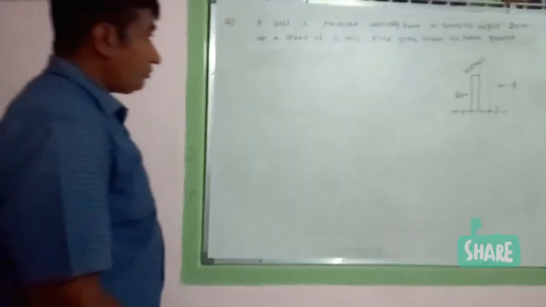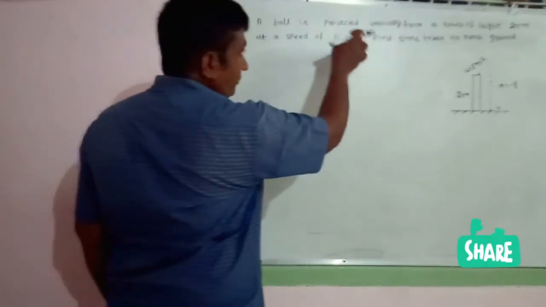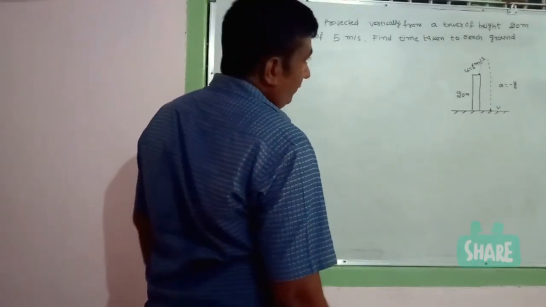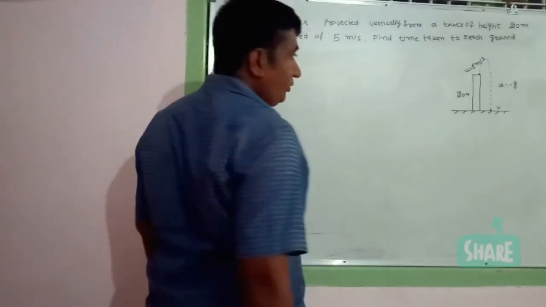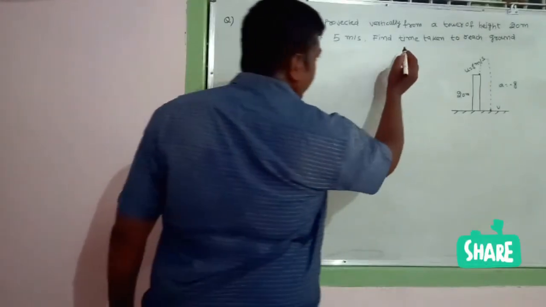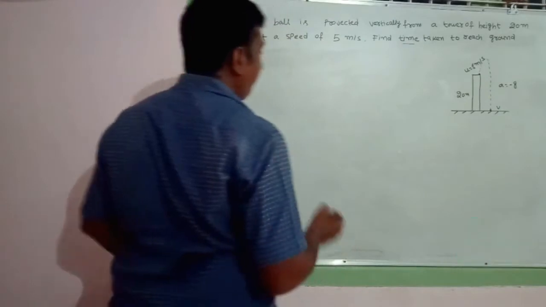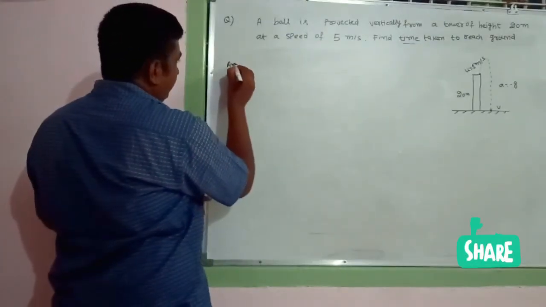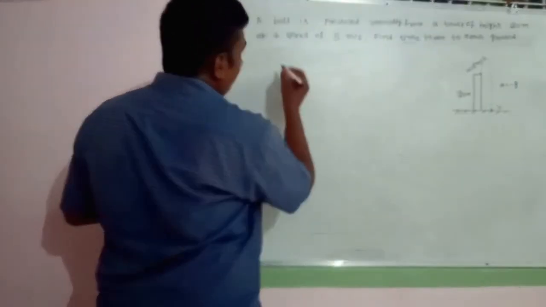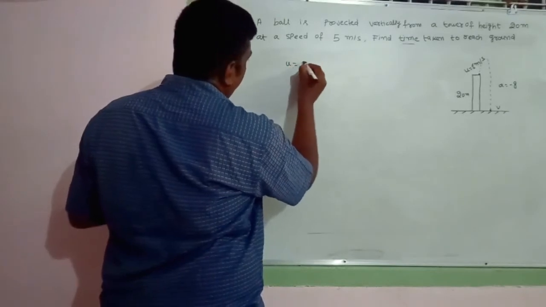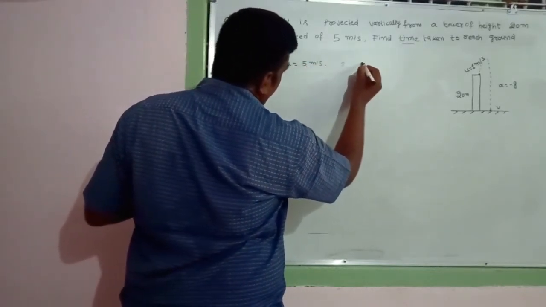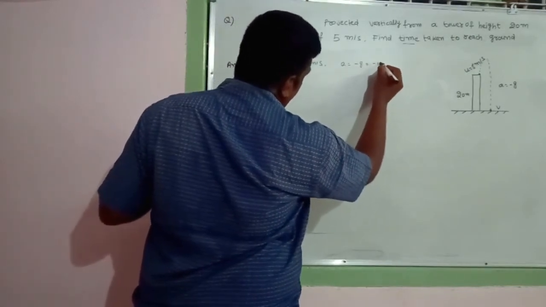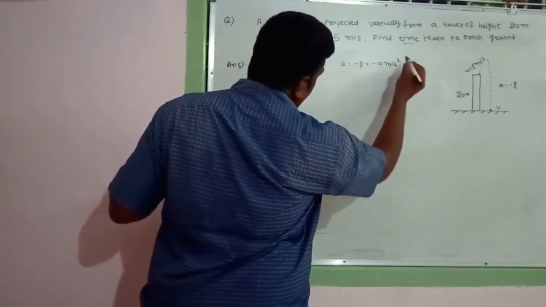Okay, the next question is related to that. A ball is projected vertically from a tower of height 20 meters at a speed of 5 meters per second. Find the time taken to reach the ground. Now they are asking to find the time. So answer: the initial velocity u is equal to 5 meters per second, a is equal to minus g, which is minus 10 meters per second square.